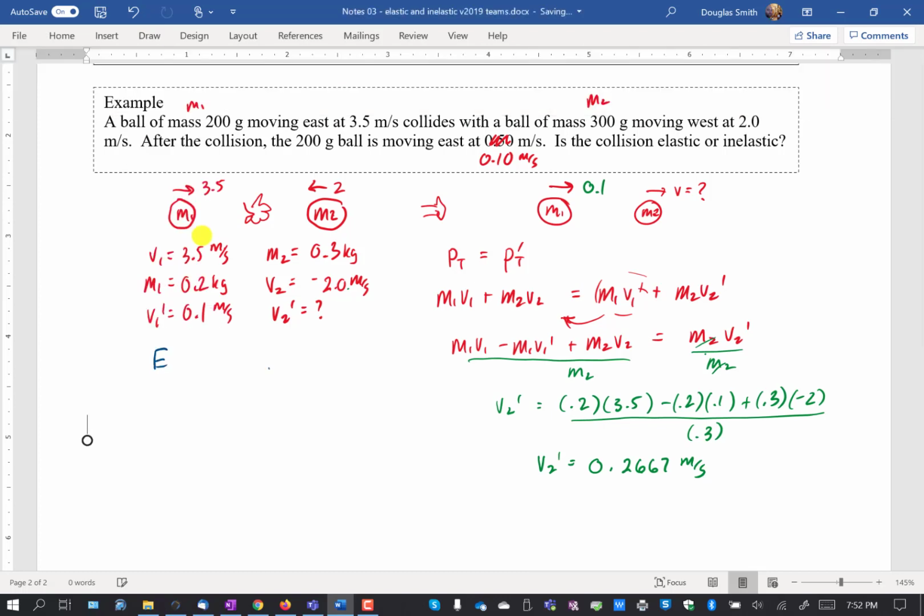So EK before is equal to 1/2 M1 V1 squared plus 1/2 M2 V2 squared. 0.2, 3.5 squared plus 1/2 0.3, 2 squared.